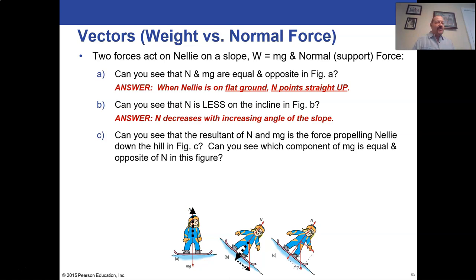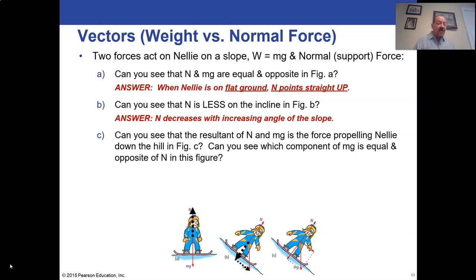And so if you decide what are the components of the weight, you can see the two dotted black arrows that I've shown in figure B. Those are the arrows that represent the components of the weight that we call the parallel and perpendicular components.